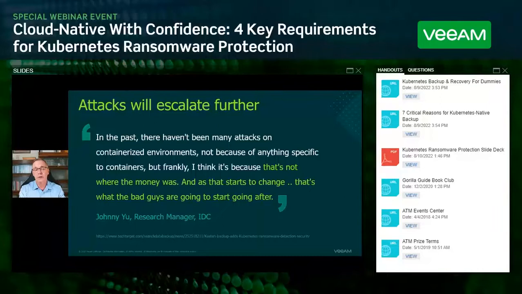I won't read it to you, but this is someone that talks with thousands of environments around the world about what they're experiencing around keeping data safe in Kubernetes environments. And it is his prediction and the prediction of others that as Kubernetes becomes more critical for commercial private sector enterprises, but of course also for public sector and education enterprises, we will see attacks on those environments escalate.